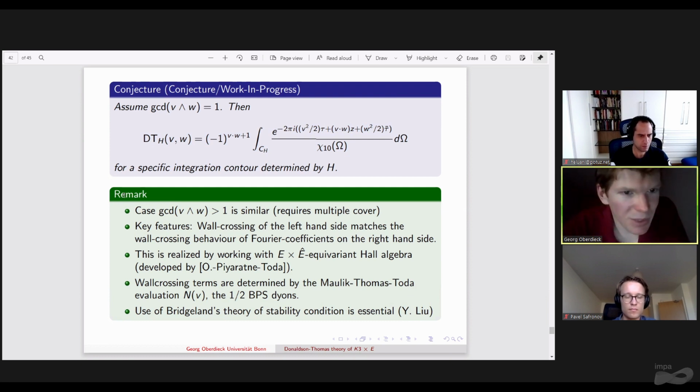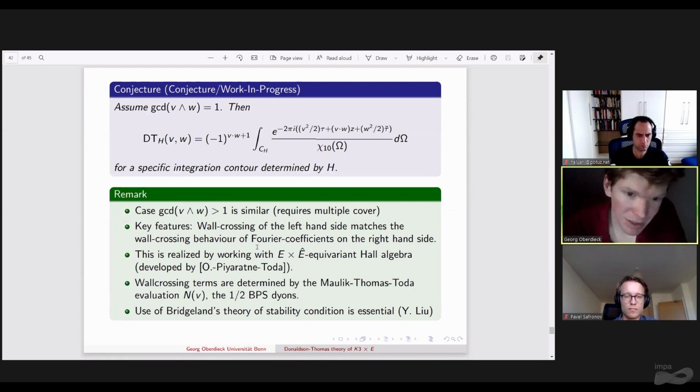Okay, so let me just make a few remarks towards the end. So the first one is that I discussed this GCD of v wedge w equal to 1 case, so this unit torsion case. The case of torsion positive works similarly, but this requires this multiple Gaussian formula that I stated before. And then, as I mentioned, there's this key feature that the wall crossing on the left-hand side, you can show, matches exactly the wall crossing on the Fourier coefficients on the right-hand side.